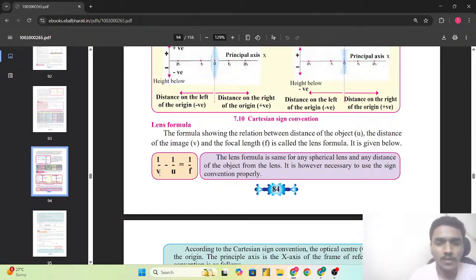So the lens formula, 1 upon v minus 1 upon u is equal to 1 upon f. The lens formula is the same for any spherical lens and any distance of the object from the lens. It is, however, necessary to use the sign convention properly, as mentioned in this box, that we have to carefully use the sign convention while using the lens formula.